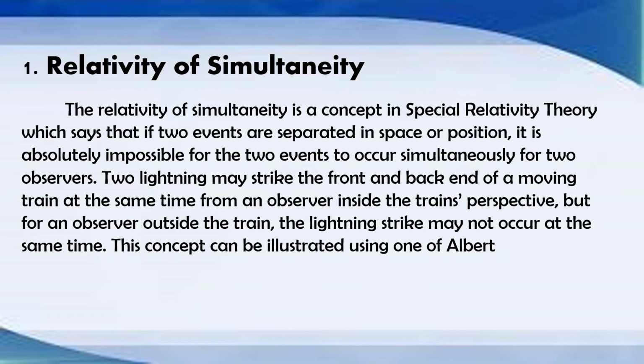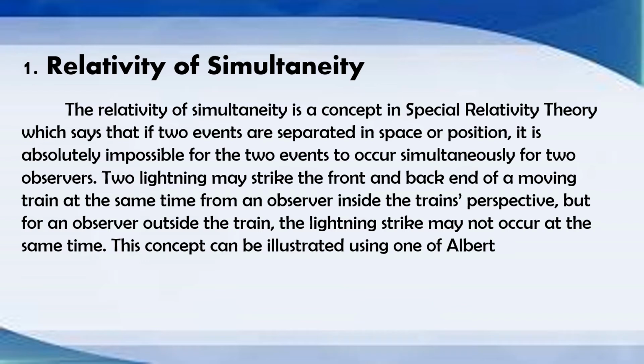Now, relativity of simultaneity. The relativity of simultaneity is a concept in special relativity theory which says that if two events are separated in space or position, it is impossible for the two events to occur simultaneously for two observers.